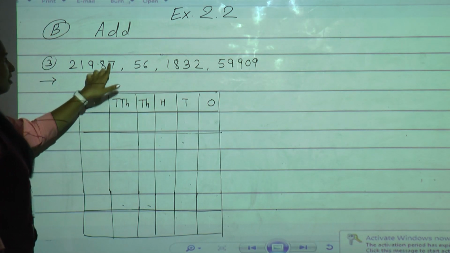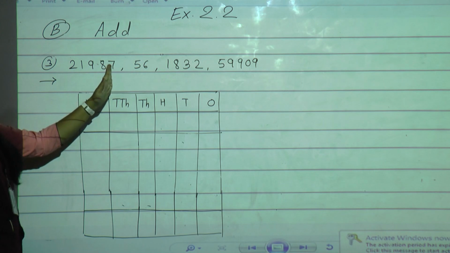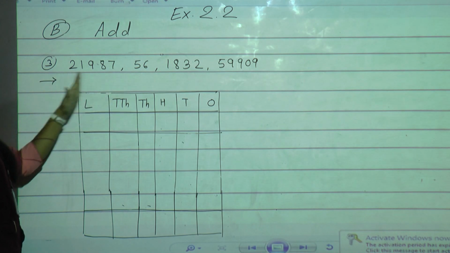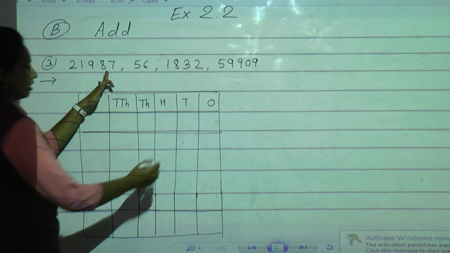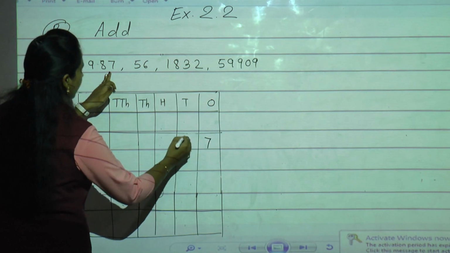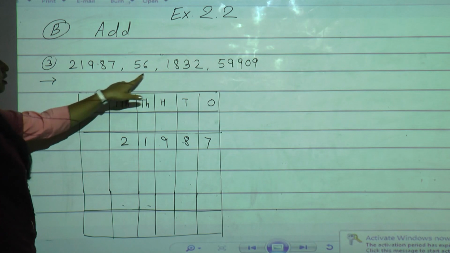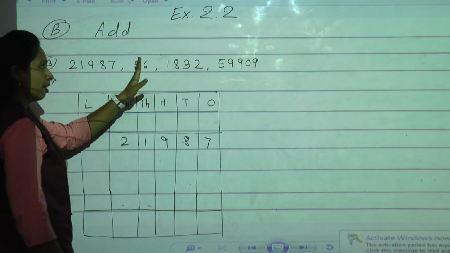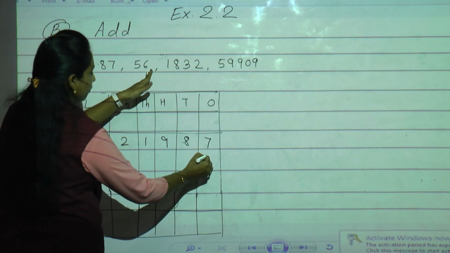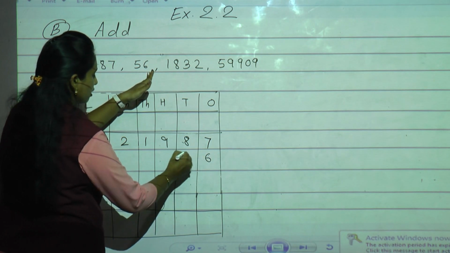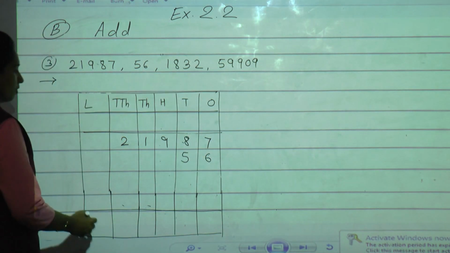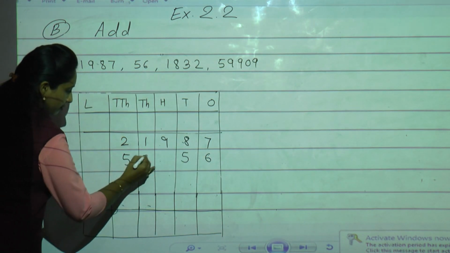Okay, so 7 is on the ones place, so always start writing numbers from the right side only. So 7, 8, 9, 1 and 2. Now see, only 56. This also you have to start from the ones place. What will students do? They will write here 56.